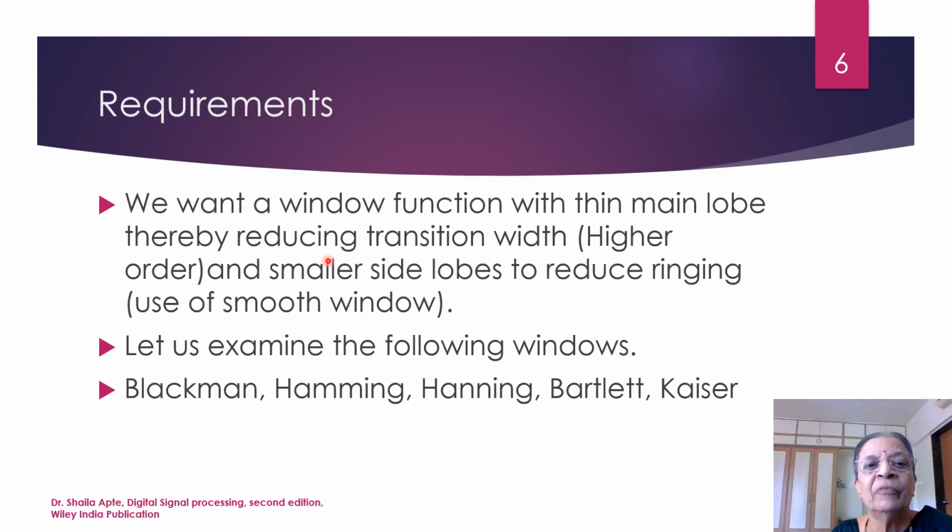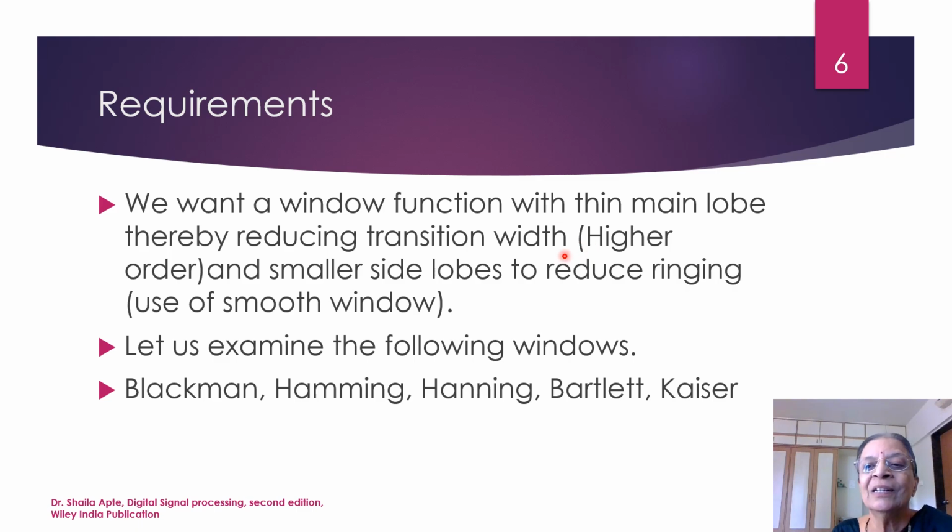So what is the requirement finally? We want to use a window function with a thin main lobe width. That means the transition width will have to be smaller, and we will have to use a window function which has smaller side lobes so that the ringing can be reduced. Both these requirements cannot be fulfilled at a time.